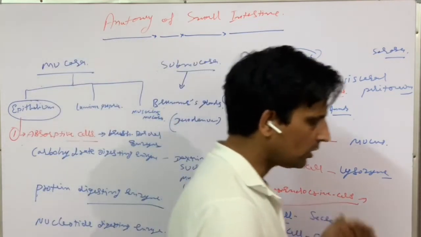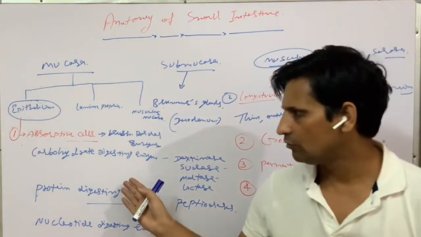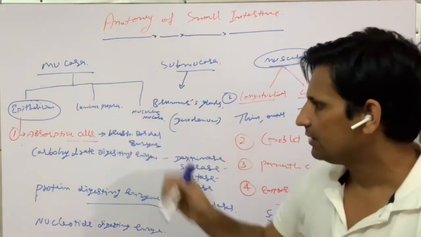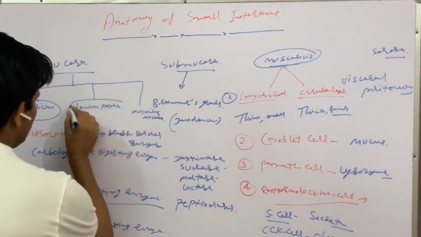Okay. One more important thing, when we talk about the wall of the small intestine, the second layer, that is the lamina propria. We were talking about the epithelium, then the lamina propria.